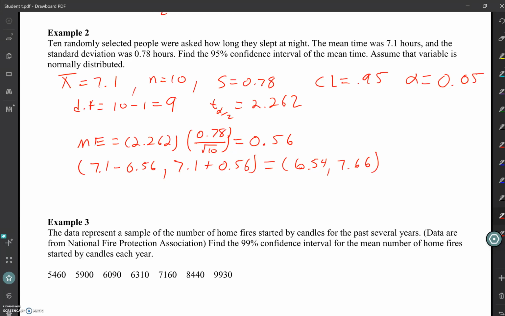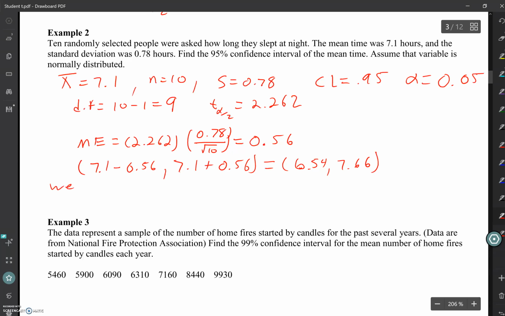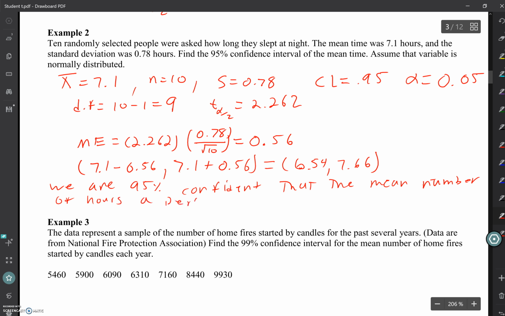So, what can I say about those two numbers in a sentence? We are 95% confident that the mean number of hours a person sleeps is between 6.54 and 7.66 hours.